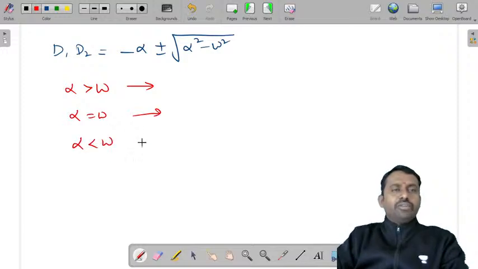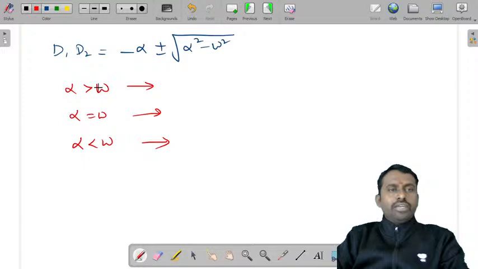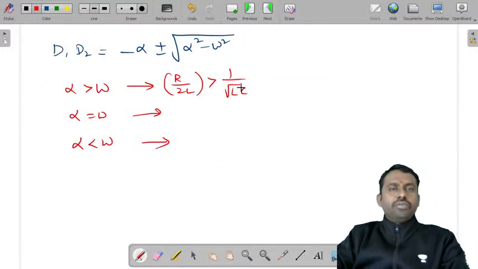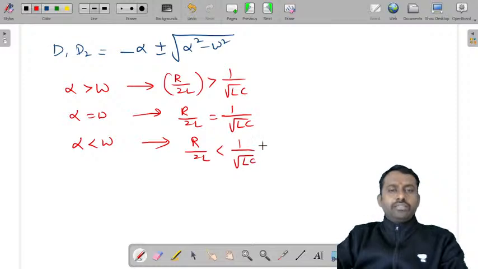If alpha is less than omega, roots will be different. Let us see how they will vary. Alpha greater than omega is nothing but R by 2L greater than omega, and omega is 1 by root LC. Alpha equal to R by 2L is equal to 1 by root LC. Next, R by 2L less than 1 by root LC. These are the three different cases.